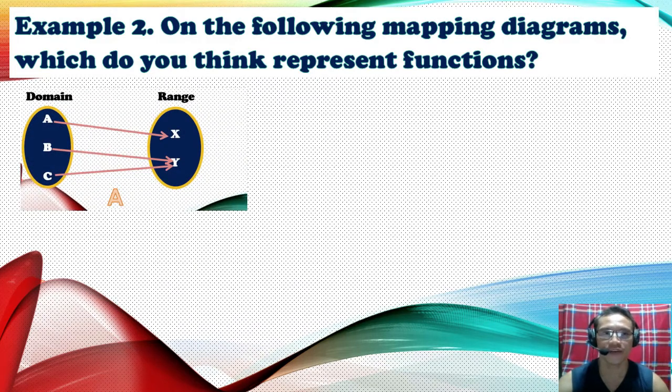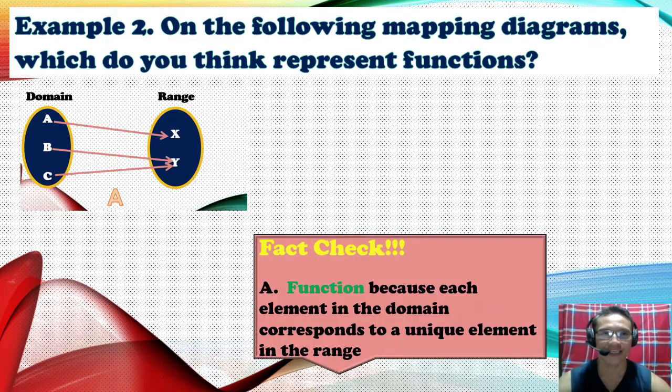We have letter A with domain A, B, C and range X, Y. So as you can see, B and C correspond to Y. Although B and C correspond to Y, they correspond to a unique value, which is Y. So in that case, the mapping is still a function because each element in the domain corresponds to a unique element in the range.